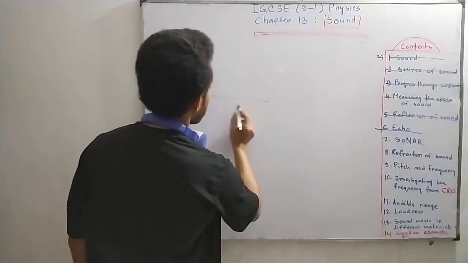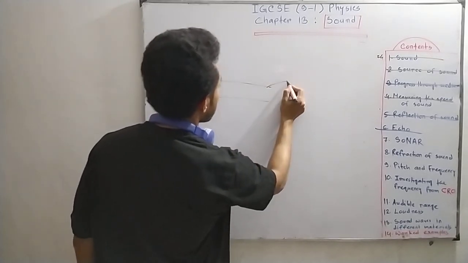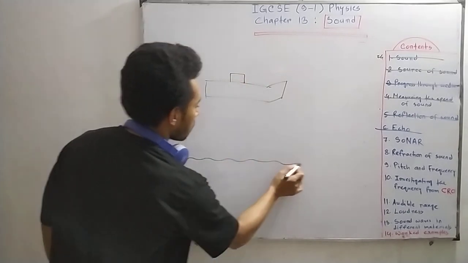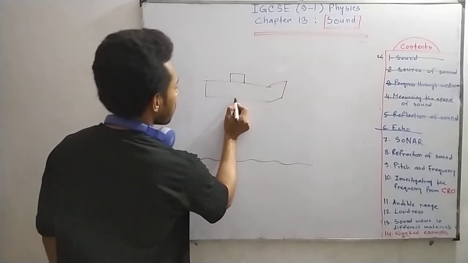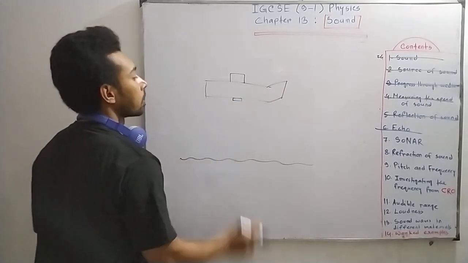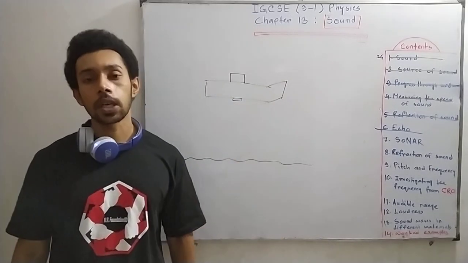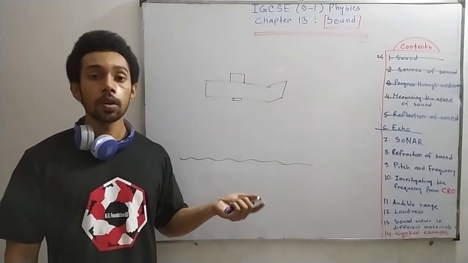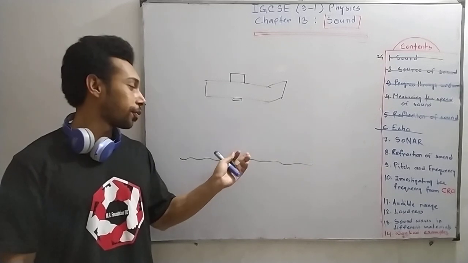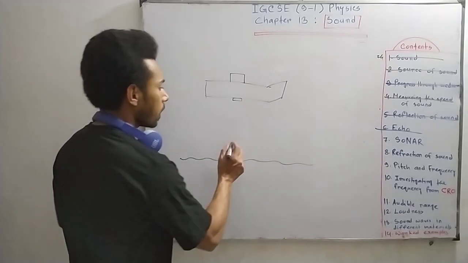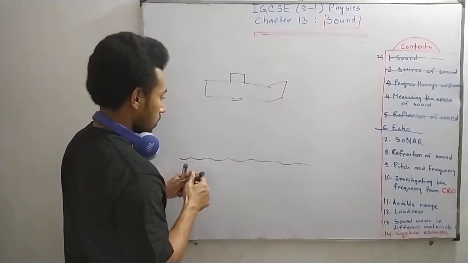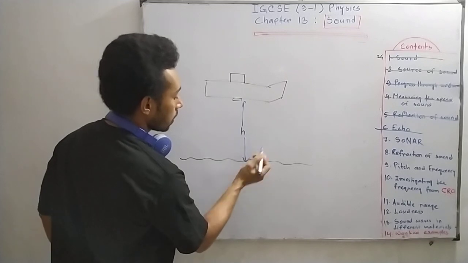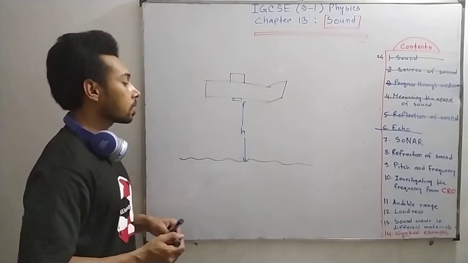For example, this is a ship. This is the seabed. Here it will have equipment that produces sound and also receives the echo, the sound that is reflected from the seabed. Suppose this is h, the depth of the sea.